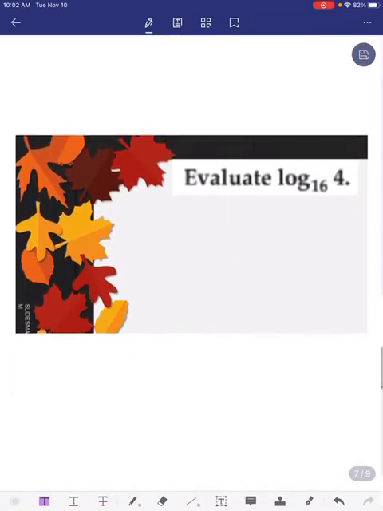So sometimes we're going to need to evaluate logarithms. Now, once we get better at this, we can maybe do this in our head. So we know that logarithms equal exponents. So I'm saying I'm looking for an exponent of 16 that will give me 4.